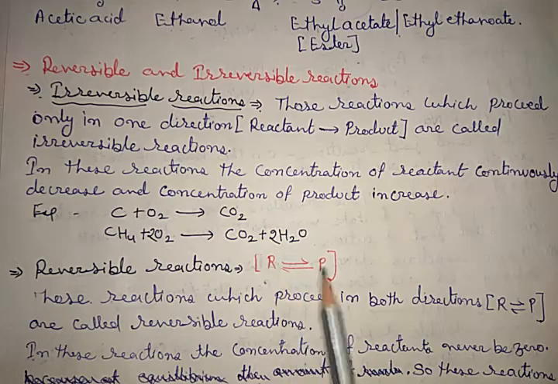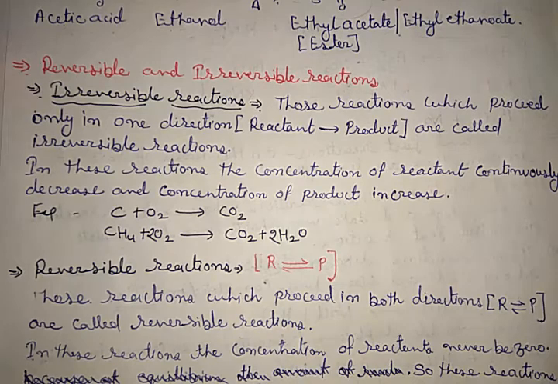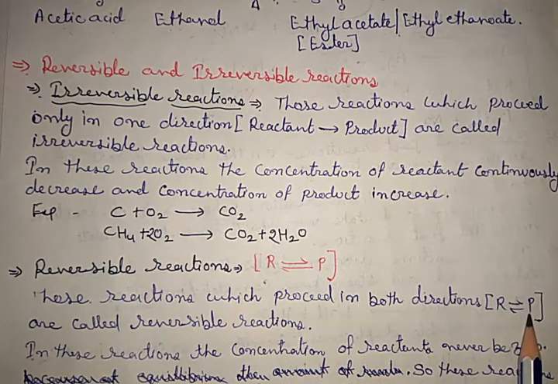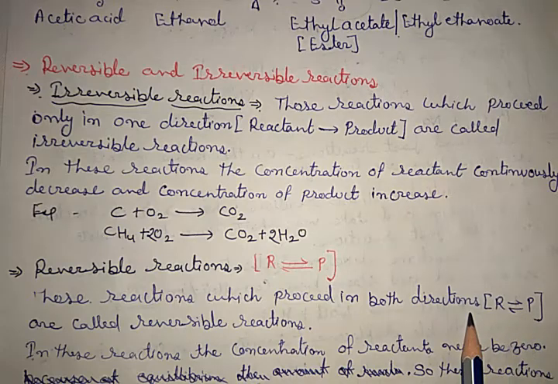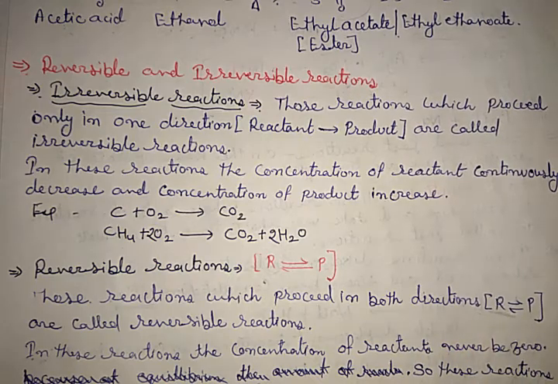So these reactions proceed in both directions and are called reversible reactions. In these reactions, the concentration of reactant can never be zero, because as the reaction proceeds, the product starts to convert into reactant again.